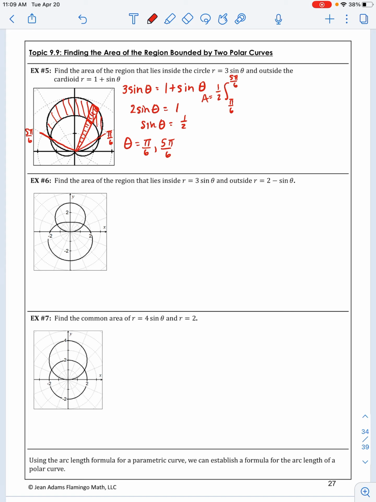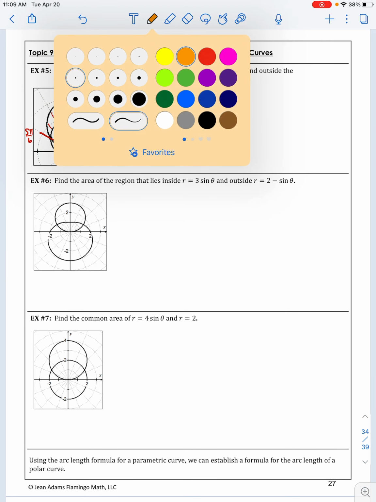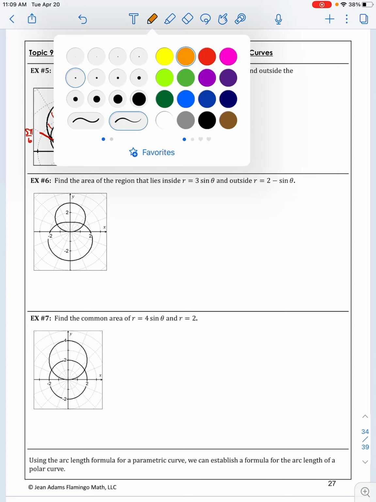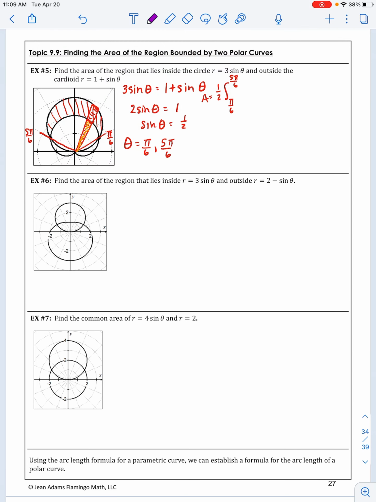Because if you take the circle, you're going to get this whole thing. That's going to give you all of that for the 1/2 r squared of this 3 sine theta, because that's your circle. But then when you subtract the 1/2 r squared of this cardioid, you're left with, we'll do purple, what you're looking for, this.